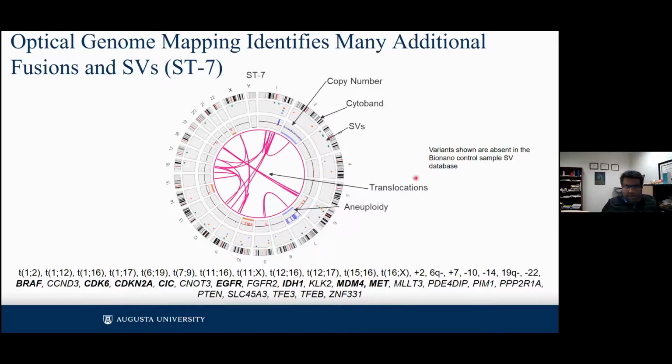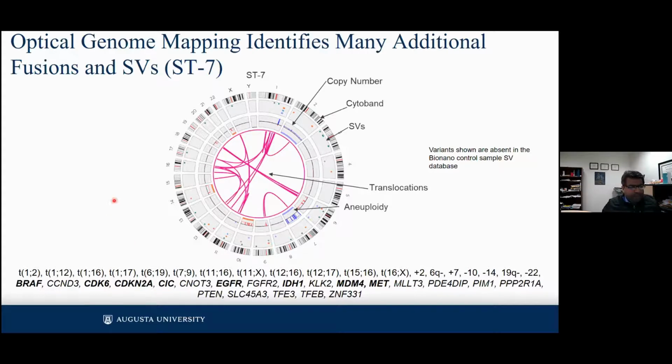And these are all the abnormalities which are absent in the BioNano control sample structural variant database, and this is how the pipeline works. And the first table I showed you earlier, the clinically important genes are highlighted in black. We want to make sure that we do definitely see some abnormality, yes or no, in those genes.